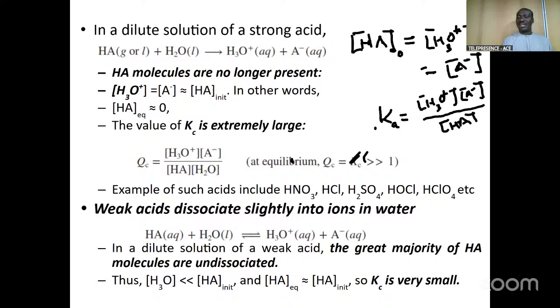Since HA is far greater than H3O plus and A minus, we have more of the denominator than the numerator. Consequently, since the numerator is very small, the value of Ka, the equilibrium constant, will also be very, very small.